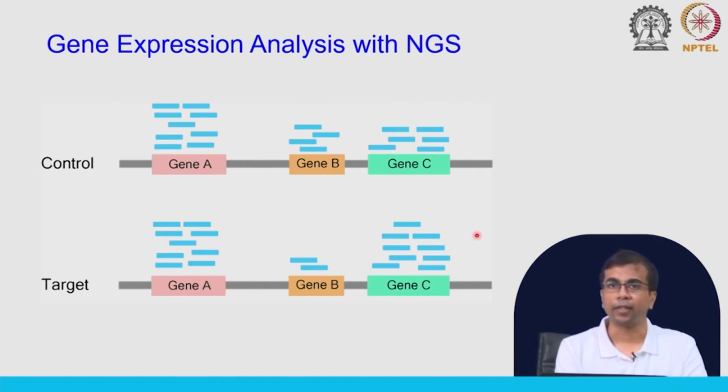And for gene C, you might see some increase in the number of reads mapping to gene C in the target sample. So, there is probably an increase in expression of gene C in this sample. This is a very rough idea. Of course, you cannot just look at this count and say there is a change in expression. You have to do a very robust and rigorous statistical analysis.